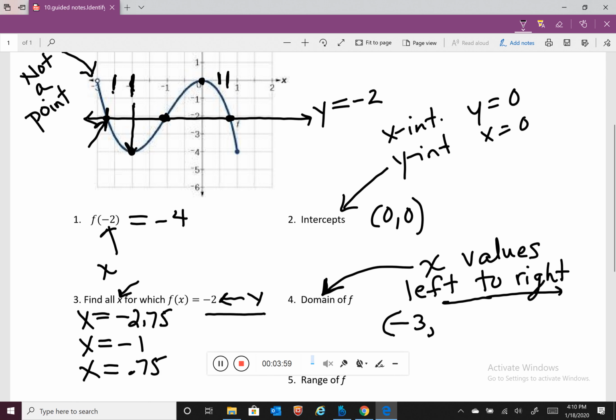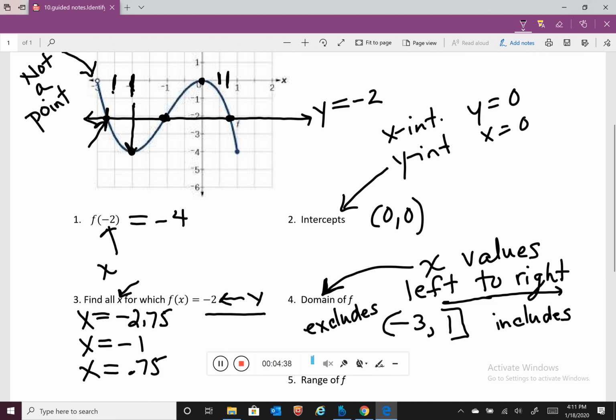So we have x values from -3, such as -2.75 as we saw, and -2, -1, 0. And when does it end? And it ends at 1, and it is including 1. So we're going to use brackets here. So remember, brackets mean we include that end value, and parentheses means we exclude that beginning value of -3.